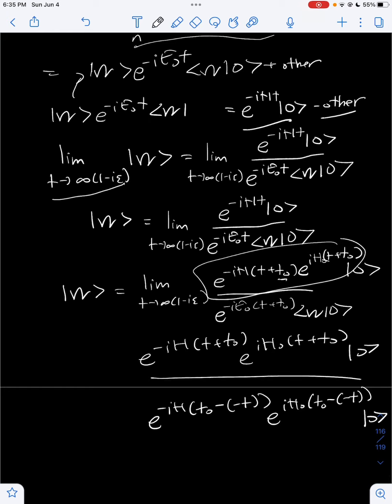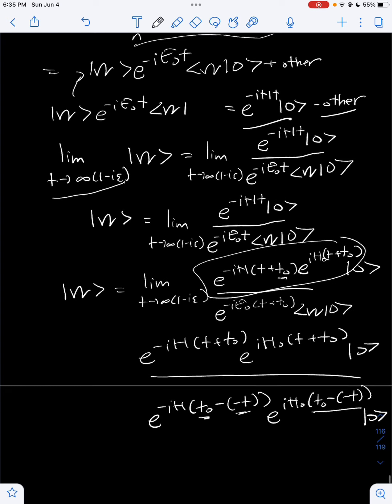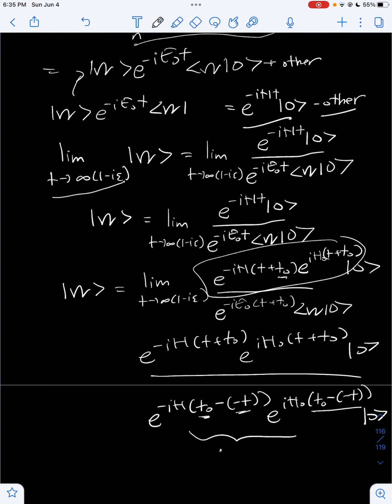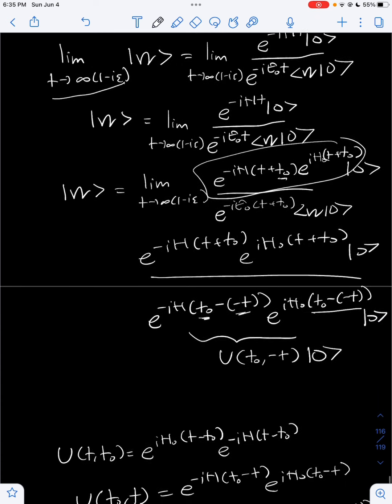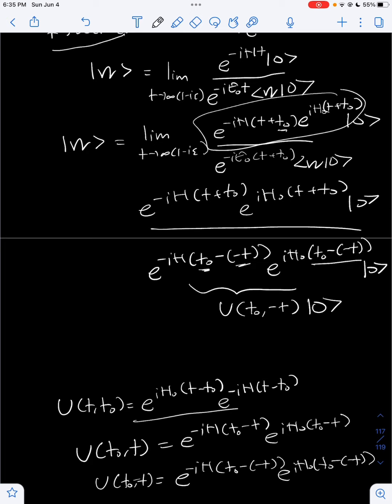And now we can actually rewrite this as t naught minus t, e to the iH naught of this. And the reason why we are rewriting it as that, so this is just going to be U of t naught minus t acting on the vacuum state. That's because U of t naught was defined like this.